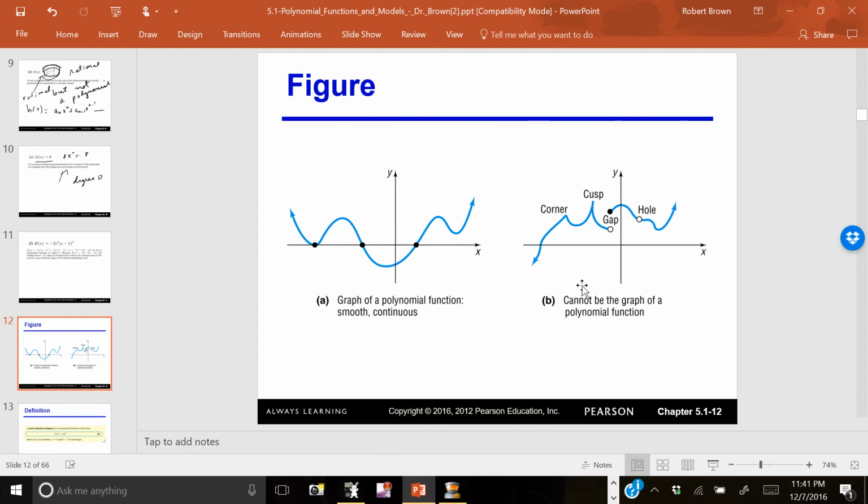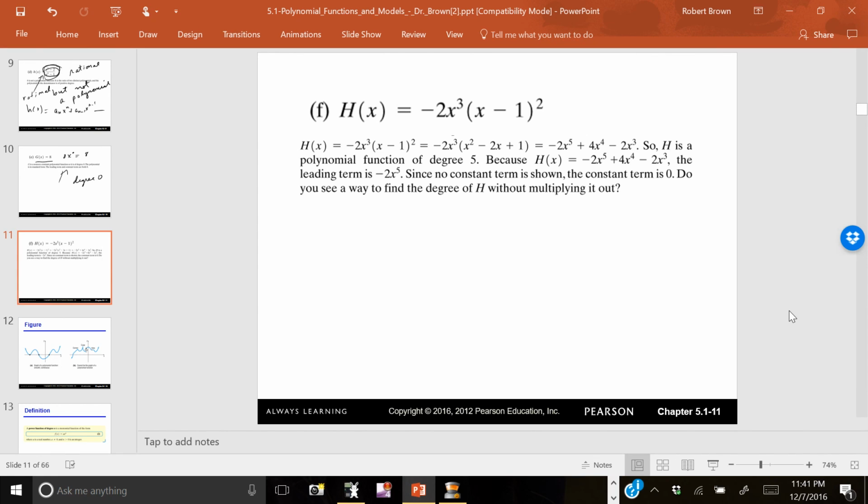h is a product of minus 2x cubed times x minus 1 squared. Notice that if you multiply this out, x minus 1 squared is x squared minus 2x plus 1.